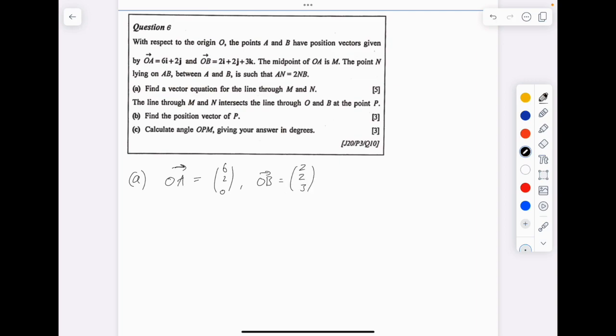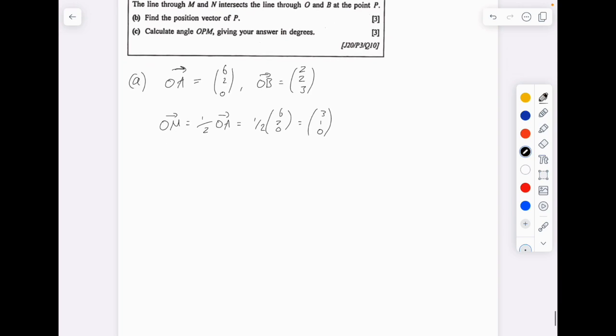Okay, cool. We know that. The midpoint of OA is M. Okay, so I can say that OM is equal to half of OA, which equals a half of 6, 2, 0, which is 3, 1, 0. Cool.